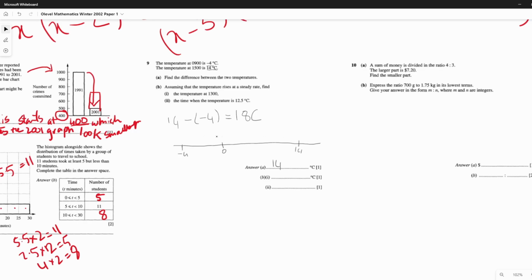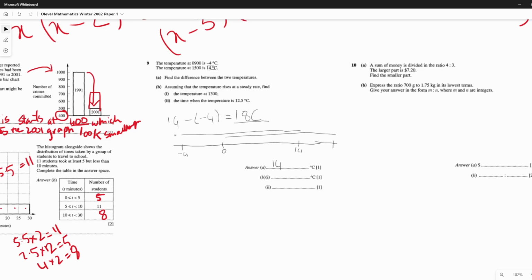So we have 14 steps from 0 to 14, and then 4 steps from 0 to -4. So we can just add 4 steps here to get to 18, and it would be the same number of steps as getting from here to here. So we can just add 4 to 14 to get 18 degrees.